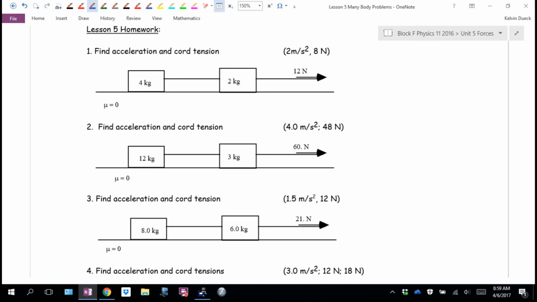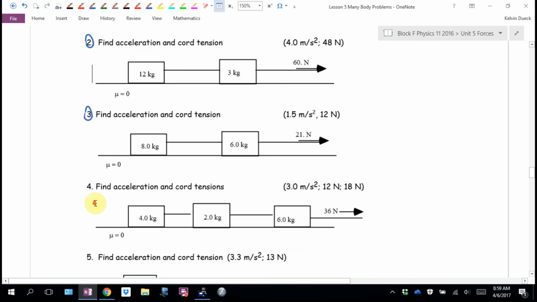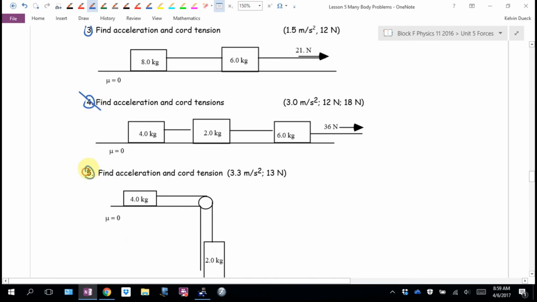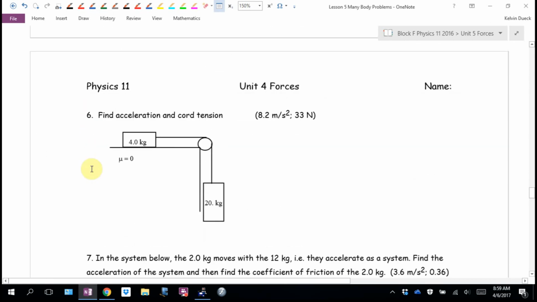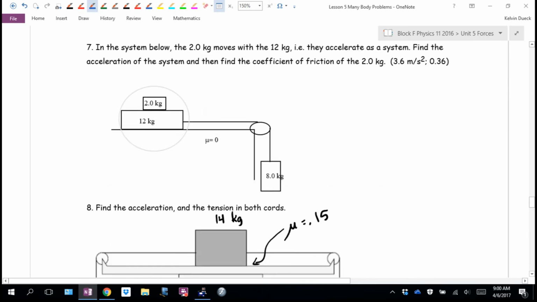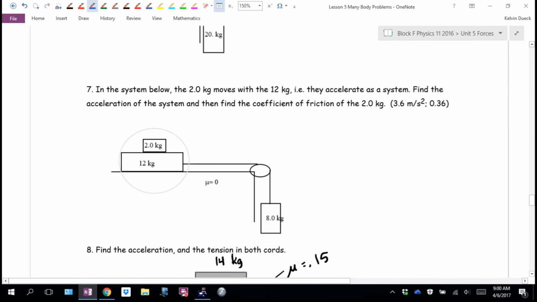You can if you want to, but I'm fine if you do your free body diagrams on these pictures. So you can do number 1, number 2, number 3, number 4. You know what? Cross out 4. 5, 6, I'm going to give you 7.